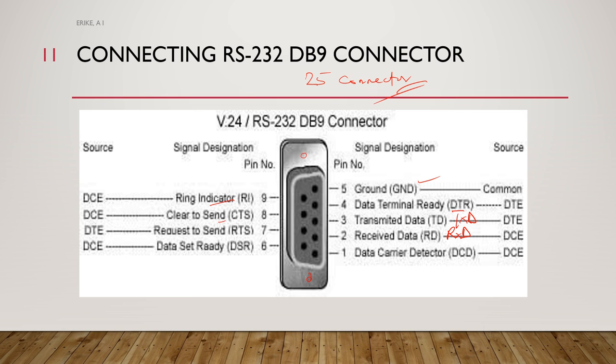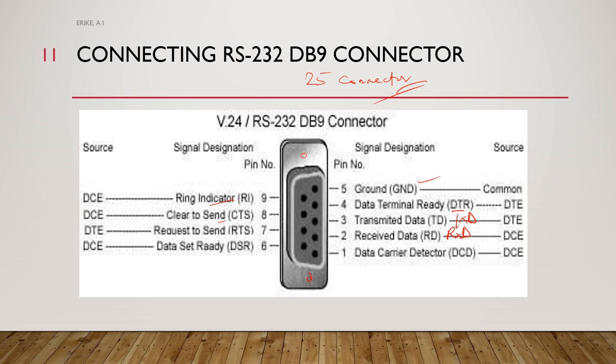All right. So the data terminal ready signal is activated by the data terminal equipment when it is ready to accept the data. Now, the data set ready, DSR, is activated by the data communication equipment when it is ready for establishing a communication link. Note that the data terminal ready should be in the activated state before the activation of the data set ready.